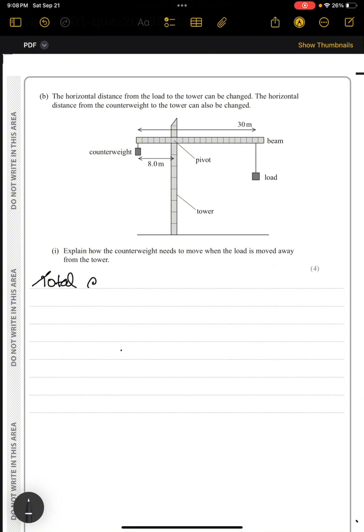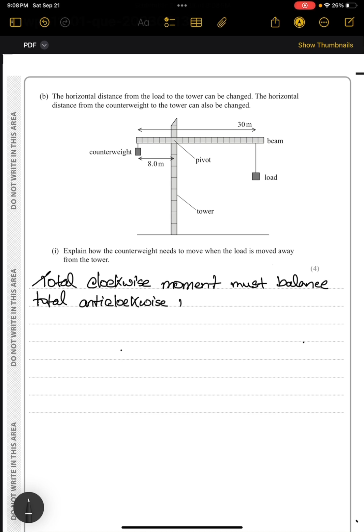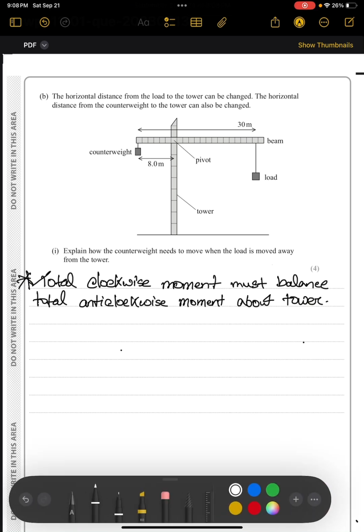The total clockwise moment must balance the total anti-clockwise moment about the tower. This is our answer 1.